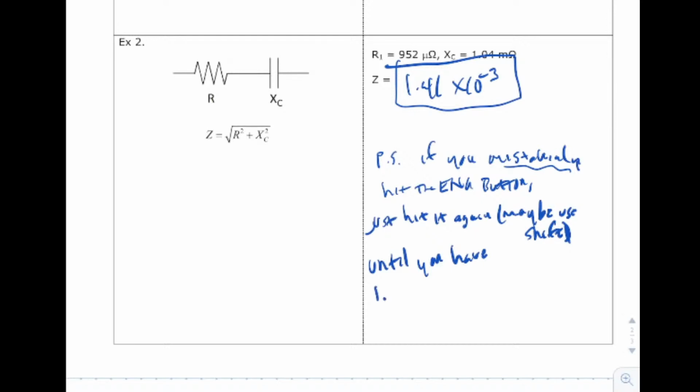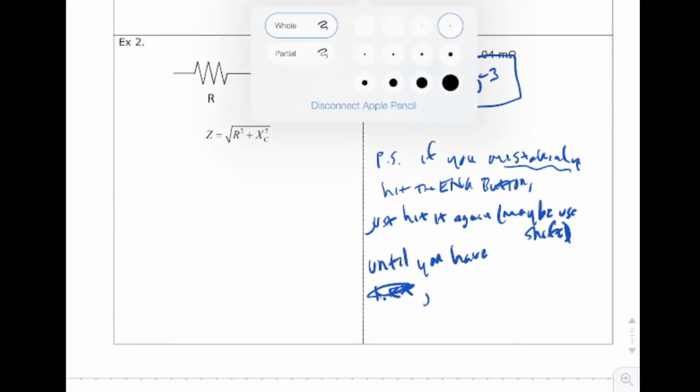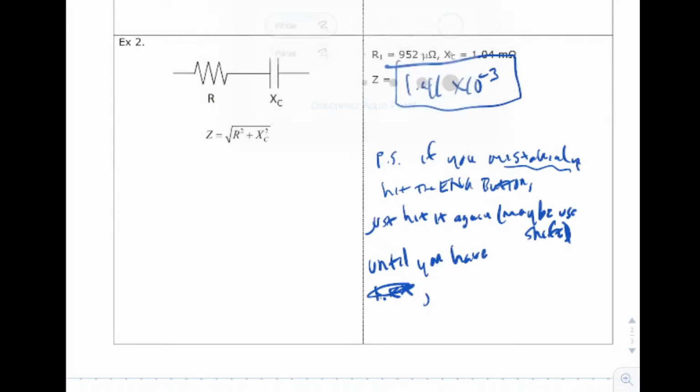Until you have the decimal either there, or there, or there.